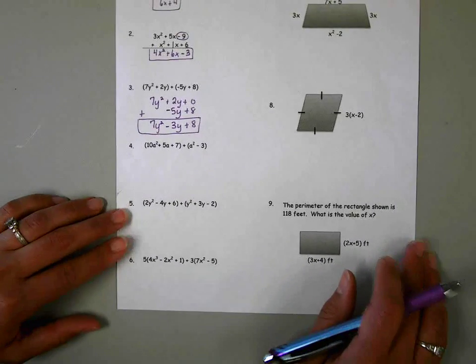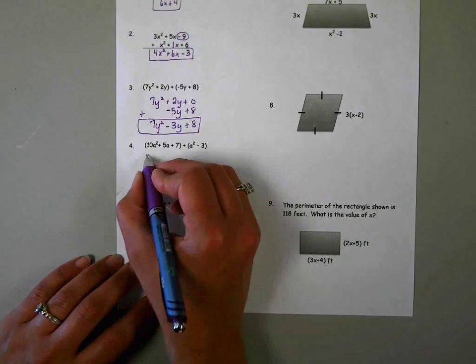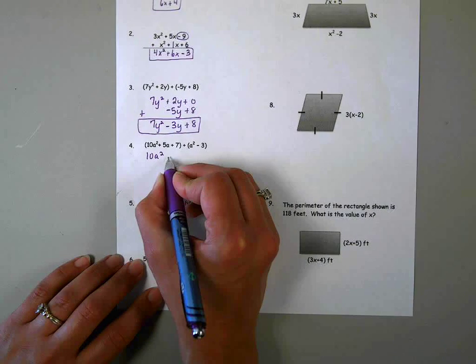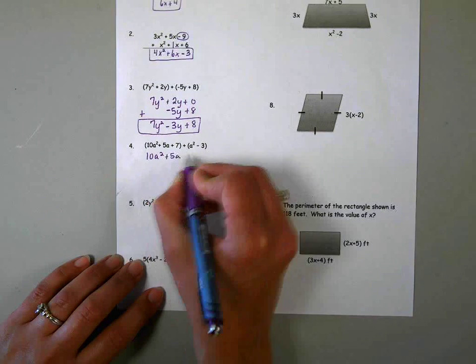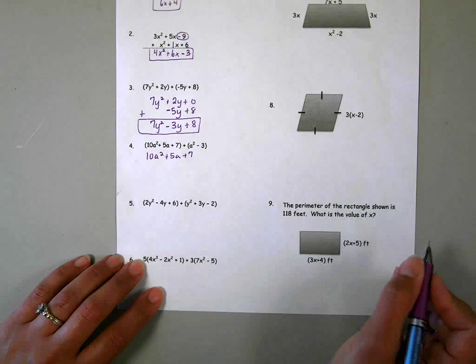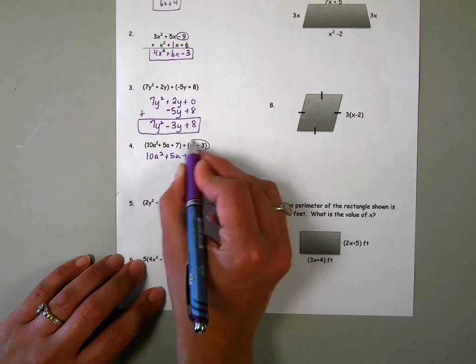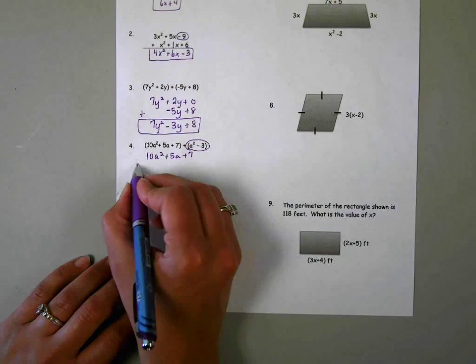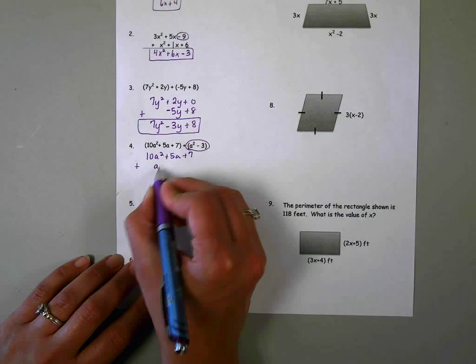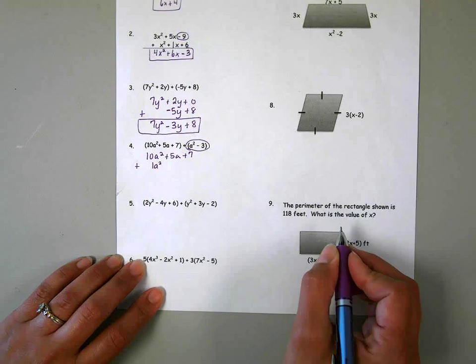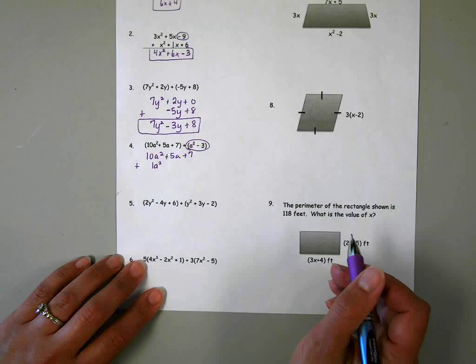Number 4. I'm going to rewrite this. 10a squared plus 5a plus 7. Going to add a squared minus 3, so plus a squared, and I'll put a 1 in front of that to help me remember that's a 1a squared.